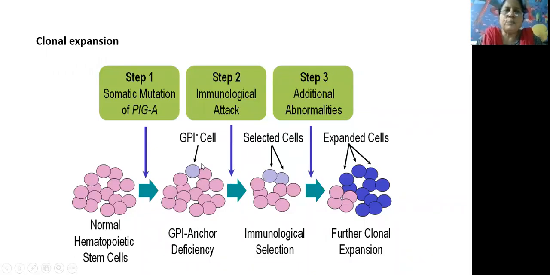One cell gets mutated, there is some immunologic attack or viral infection, something happens. So the GPI cell gets mutated, and this cell alone will multiply as a clone. That is called immunologic selection. So this is a normal RBC that is expanding, and these are the clone of abnormal cells lacking these proteins. So this is an acquired abnormality forming a clone of cells.